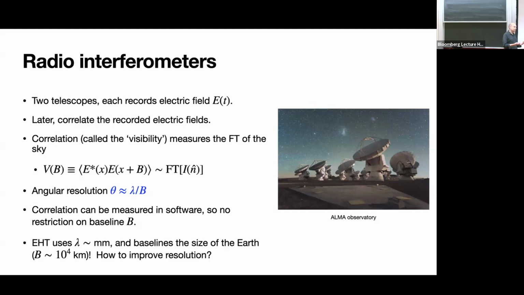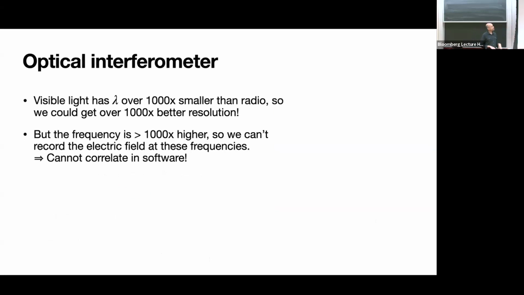But another way to get better resolution while staying on the ground is to observe at shorter wavelengths. For example, visible light has wavelengths many thousands of times shorter than radio wavelengths. So in principle, for the same baselines, if you could do interferometry at visible wavelengths instead of radio, you could get thousands of times better angular resolution.